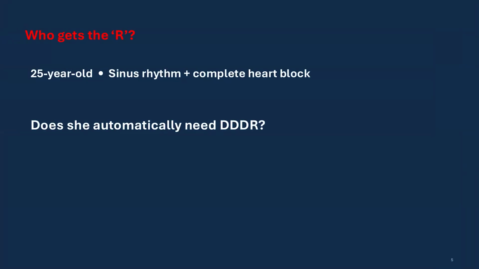Maybe Dr. Mohamed can clarify, but I think from the talk that you've given, you said sometimes it's difficult to know, but during follow-up, when we are assessing the EGMs on interrogation and looking at the rate histograms, we can make that call. But maybe you can clarify whether we need to select the mode with an R at the time of implantation or not.